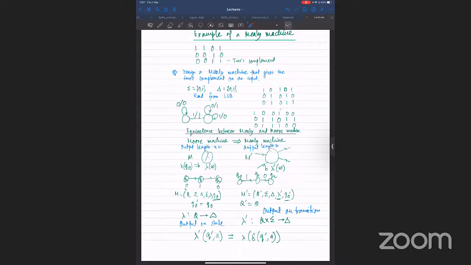Yes. I'm taking, because on Moore machine my output is on the state, so that I'm moving to the transition actually. Yeah, so you are moving this output on the state in the transition. But why does this delta come? So why is it not lambda? So the question is why it is not lambda of q prime, and why it is lambda of delta of q prime comma a?